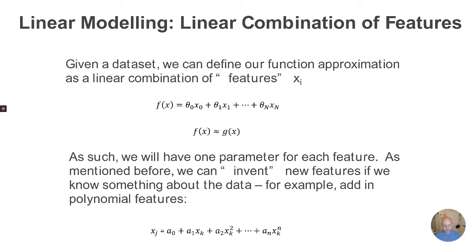But as we'll talk about in later slides, you want to do this when you know something about the underlying behavior of the data. If you know the data is linear, you probably don't want to do this. But if you know that the data undulates and has curves associated with it, you may want to use more complicated features for the underlying model.